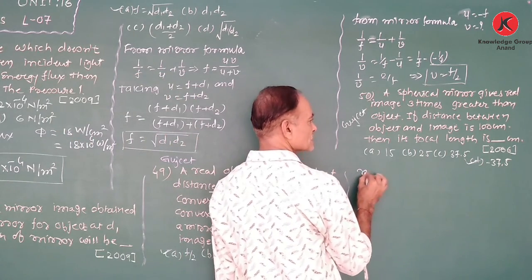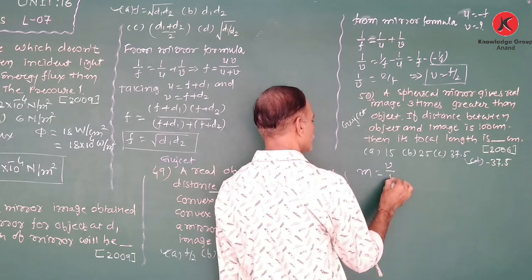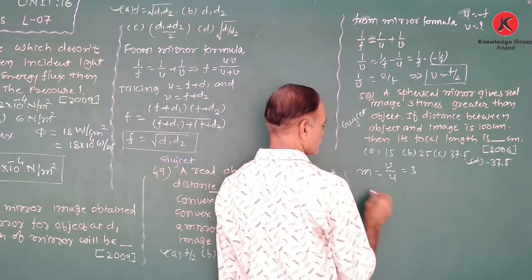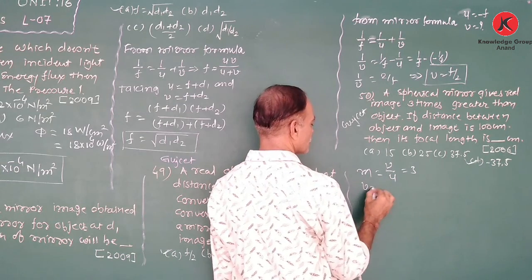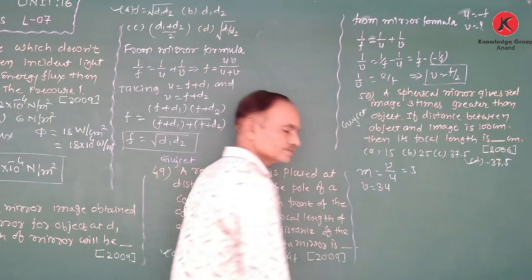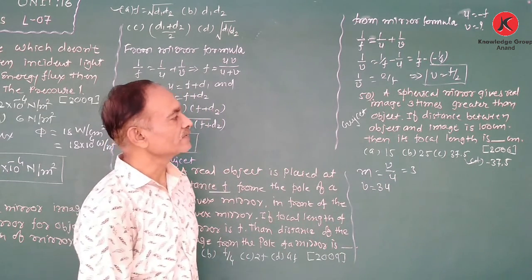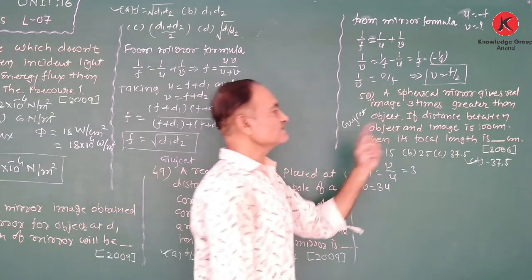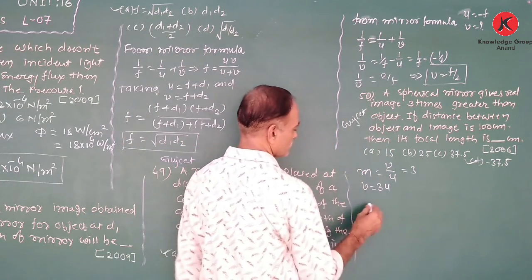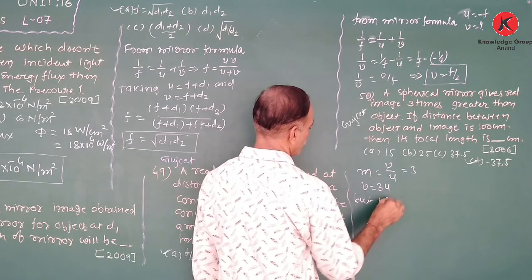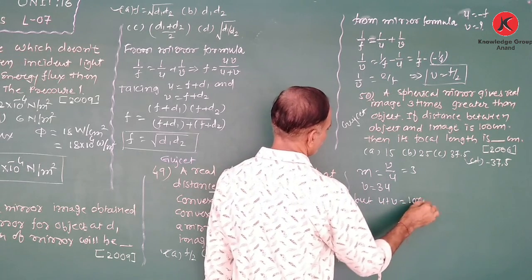Therefore, magnification m is equal to v upon u, that is given as 3. Therefore, v is equal to 3u. Now, the distance between the object and image, that is u plus v, is given as 100 centimeter.